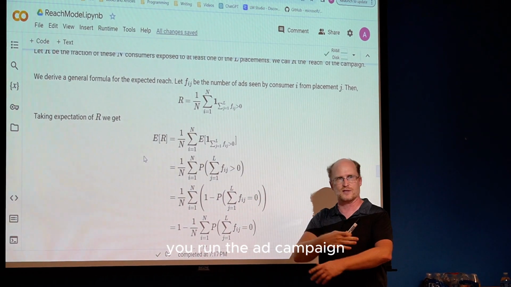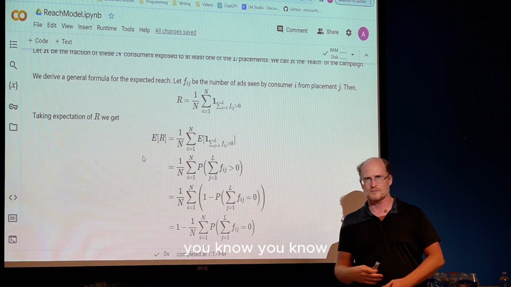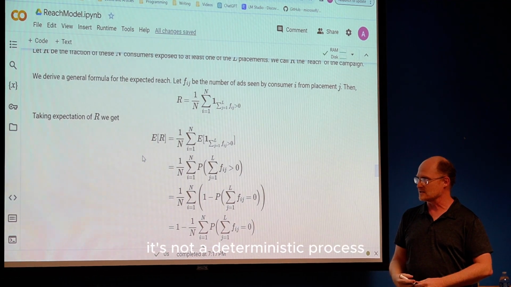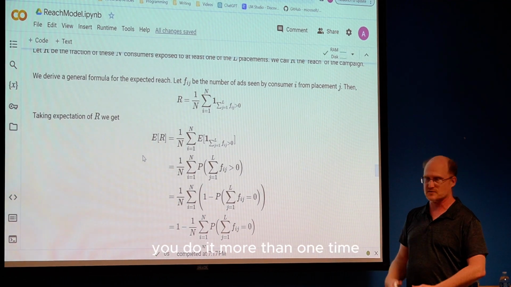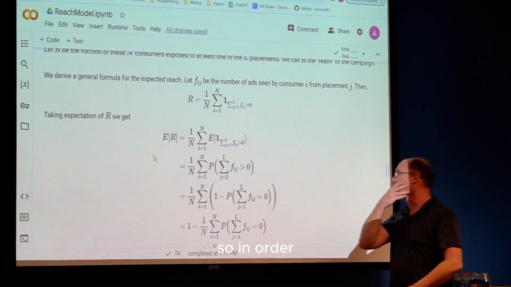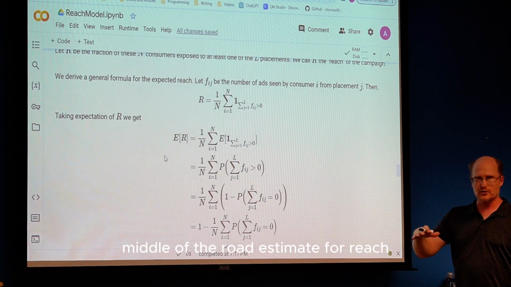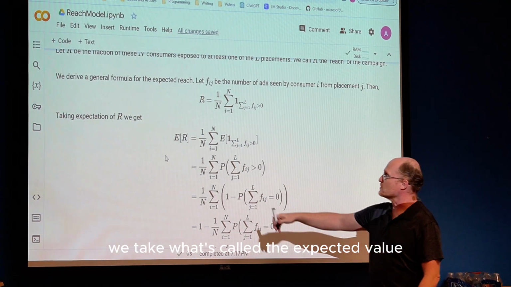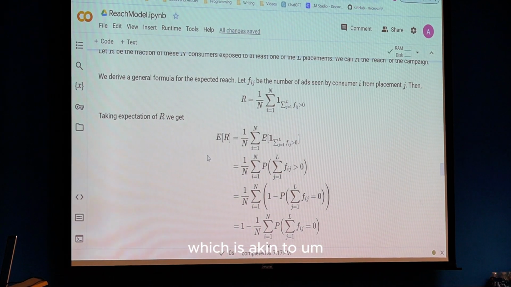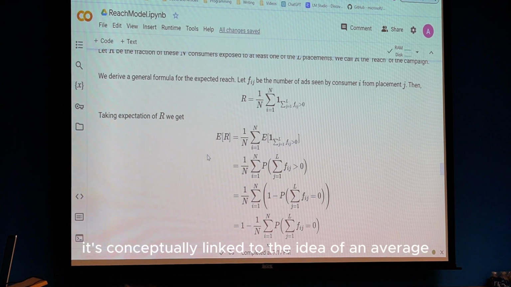So when you run the ad campaign, some fraction of the audience is going to get reached. It's not a deterministic process. It's a random process. You do it more than one time, you get different outcomes. So in order to get a good middle of the road estimate for reach, we take what's called the expected value, which is conceptually linked to the idea of an average.